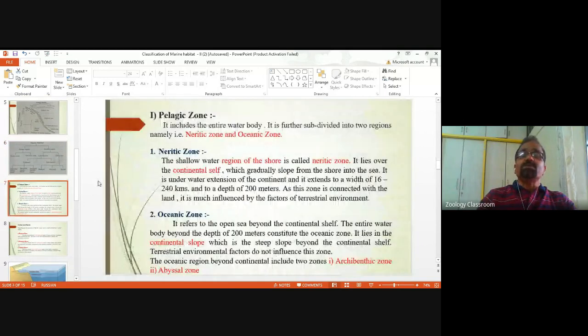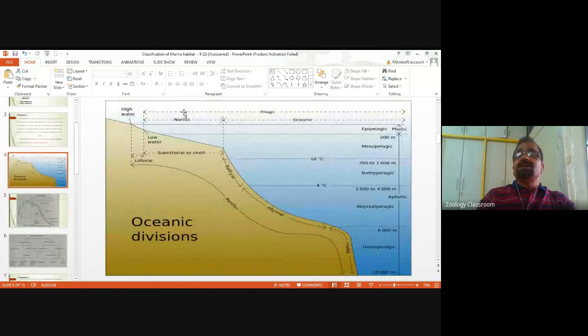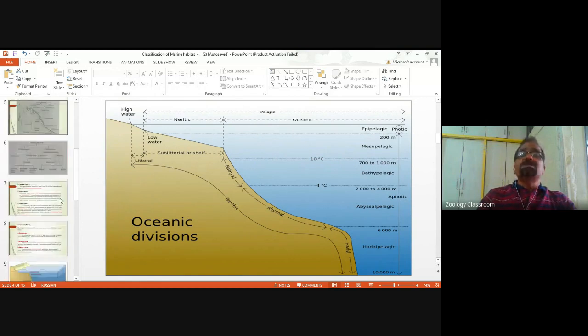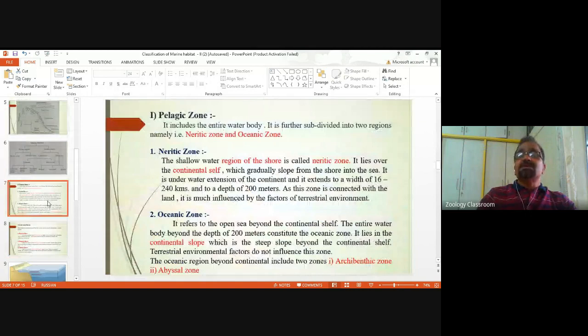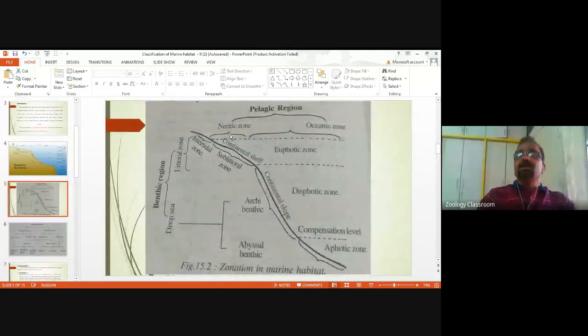The pelagic zone or pelagic region includes all the water, whether towards the shore or in the deep, in the open sea. All this region is the pelagic zone, which is further subdivided into neritic and oceanic, as mentioned here. In this diagram also, neritic and oceanic.